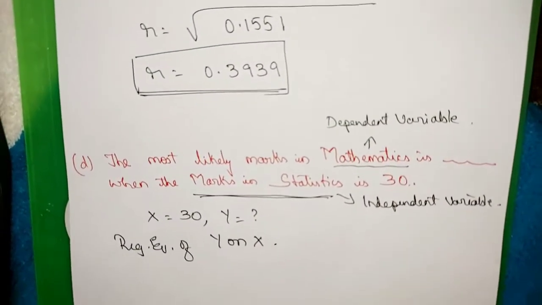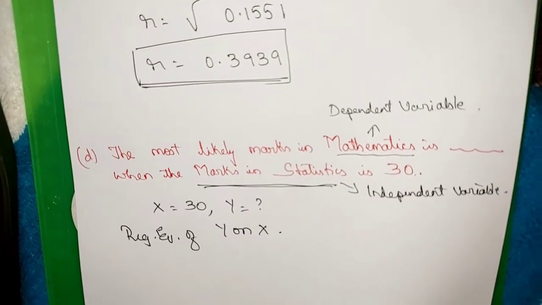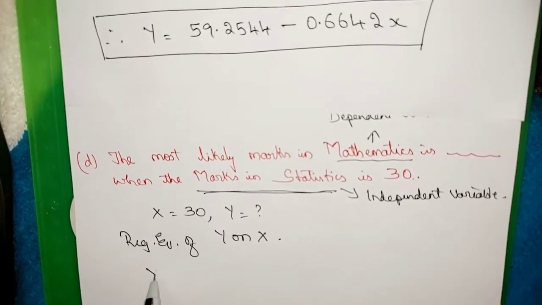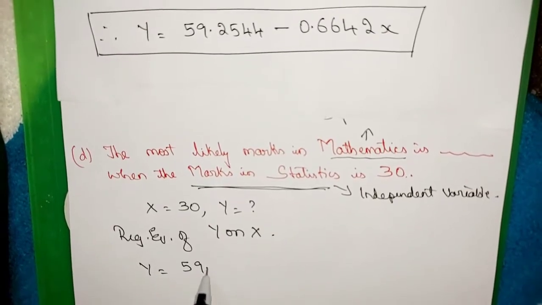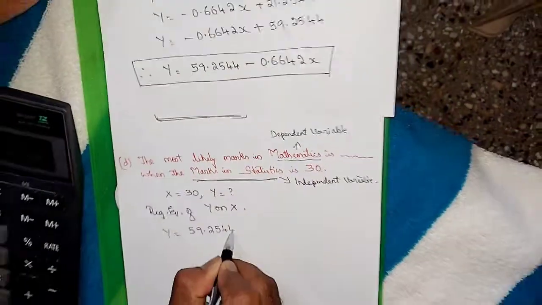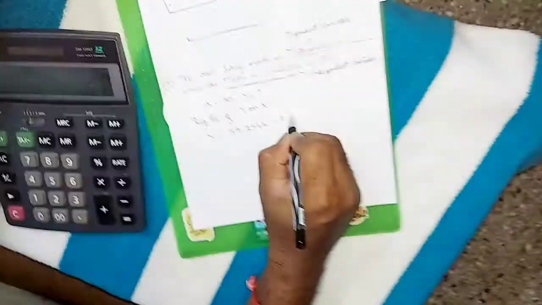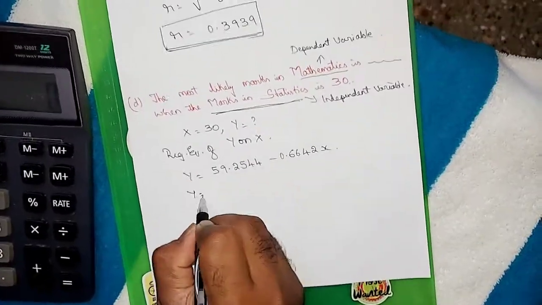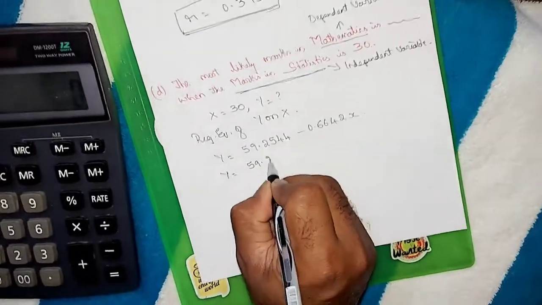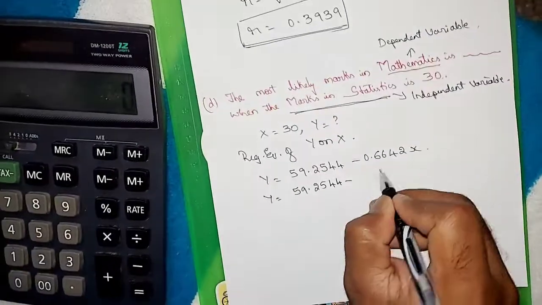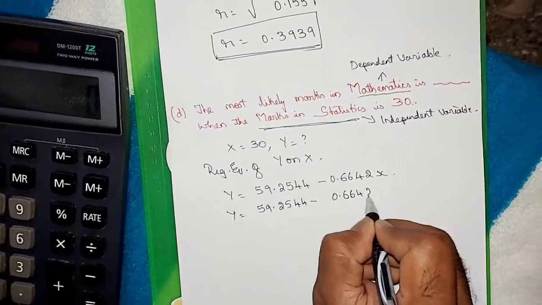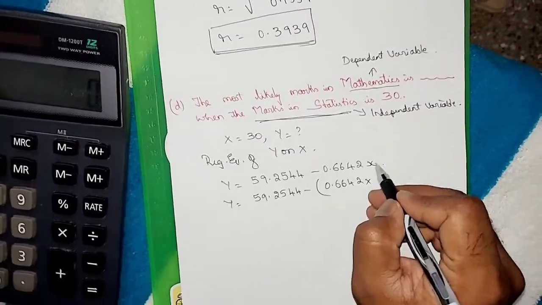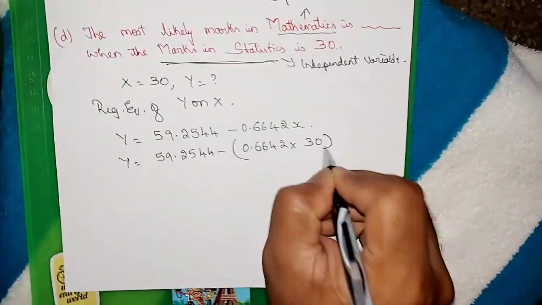The regression equation of y on x is y is equal to 59.2544 minus 0.6642x. Y is equal to 59.2544 minus 0.6642 into the value of x, which here is 30.